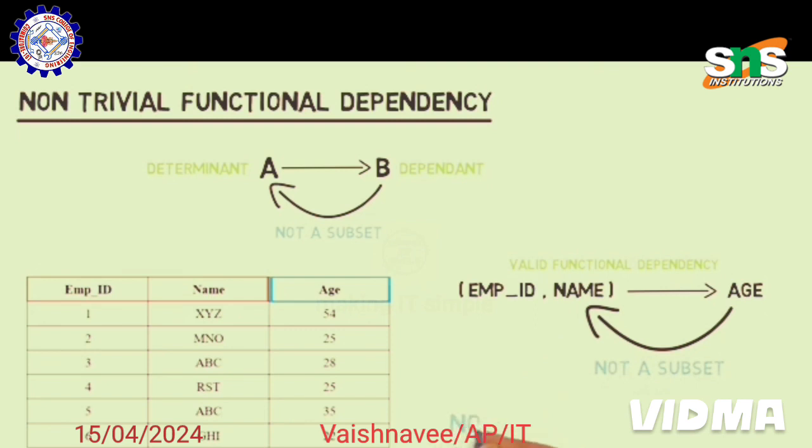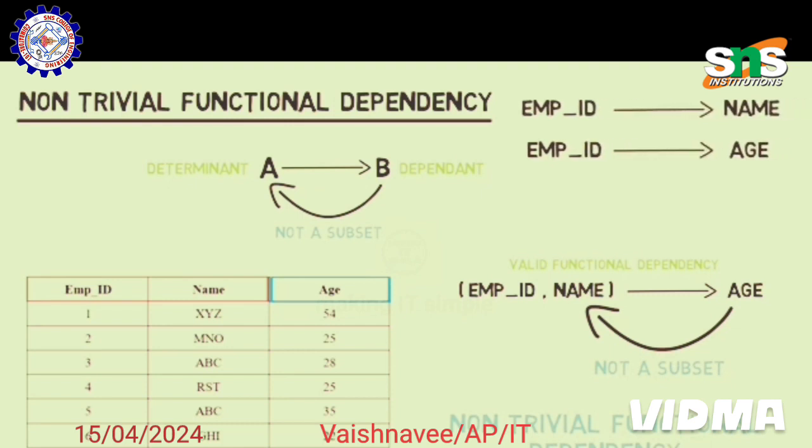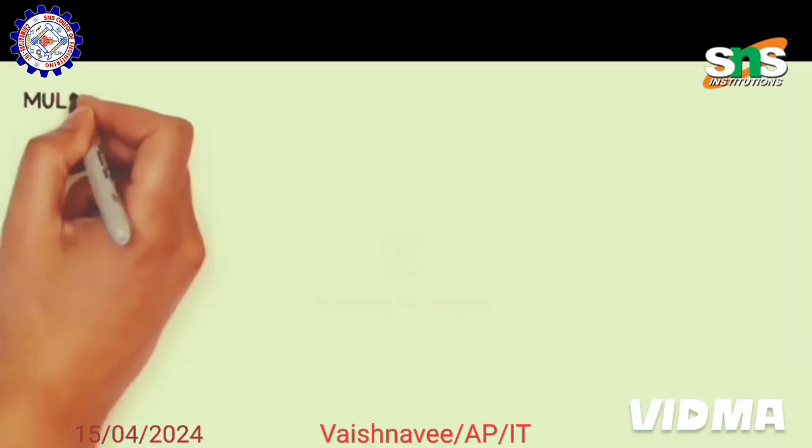That is, the dependent attribute is not present in the determinant. So this kind of dependencies are non-trivial dependencies, which is just opposite to trivial dependencies. So employee ID determines name, or employee ID determines age, are some valid non-trivial functional dependencies in this particular table.